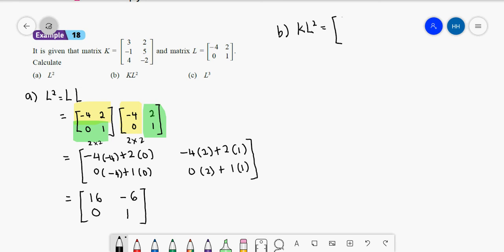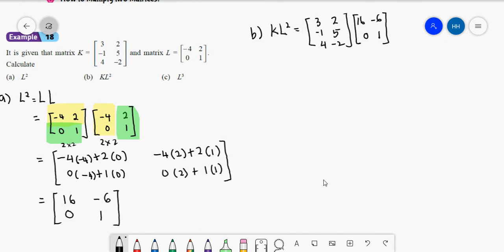K is 3, 2, -1, 5, 4, negative 2. And L square is 16, negative 6, 0, 1. The matrix L square you get from question A. And then you solve the multiplication of the matrices.